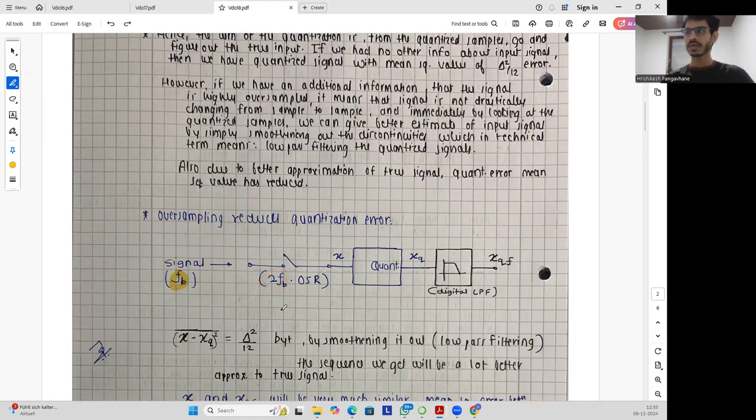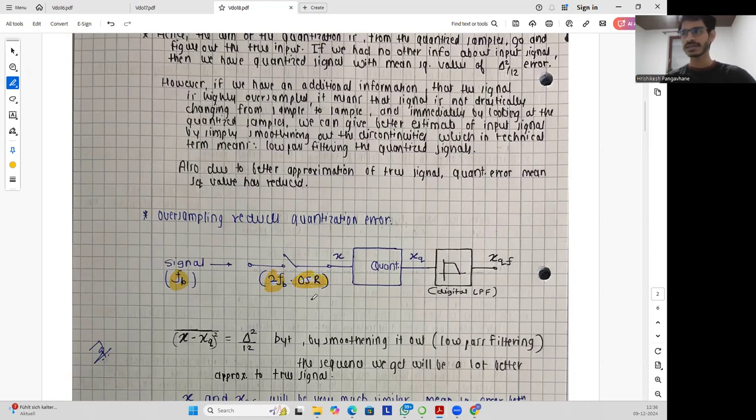So let's say 2 FB is our Nyquist criterion. We said that Fs should be greater than 2 FB, where Fs is the sampling rate.